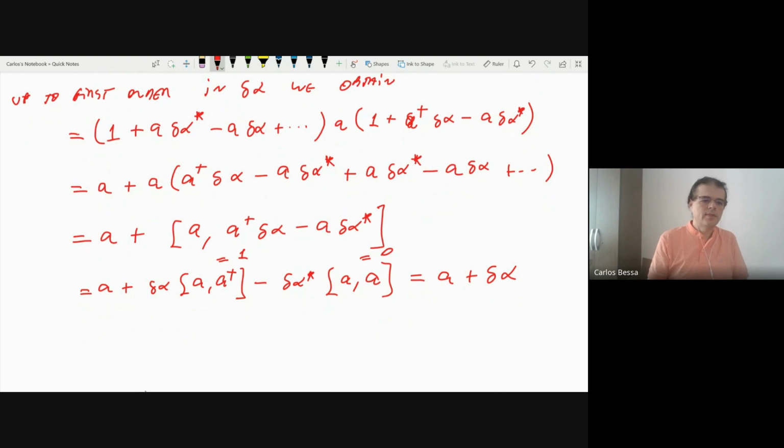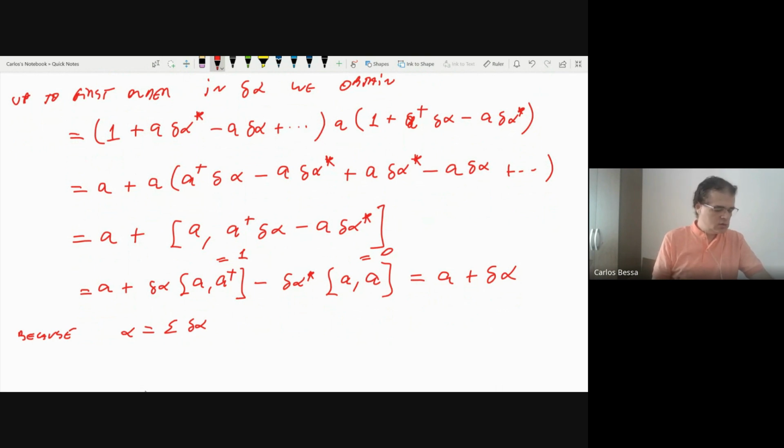And because delta alpha is a small displacement, the total alpha is the sum of these small displacements.